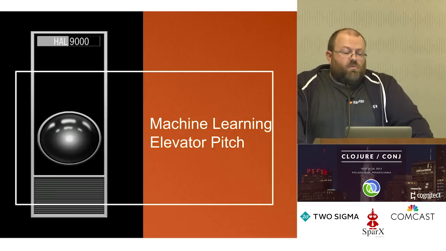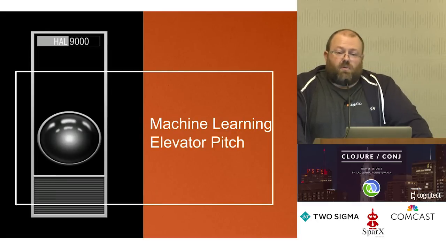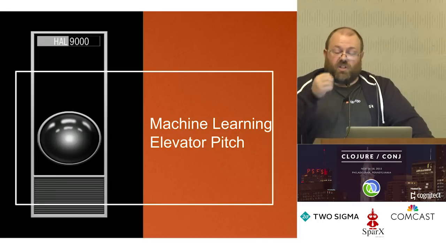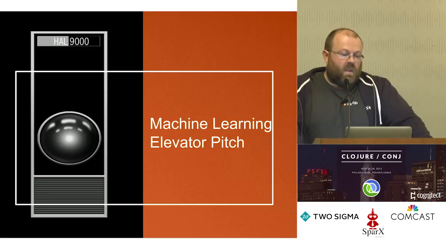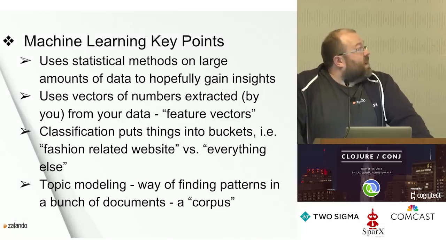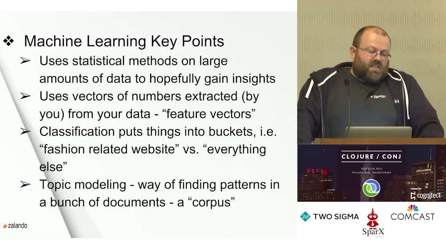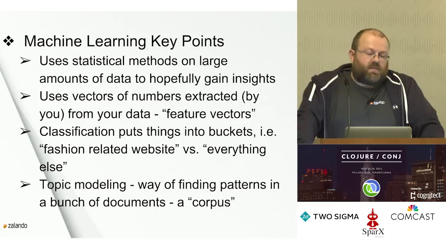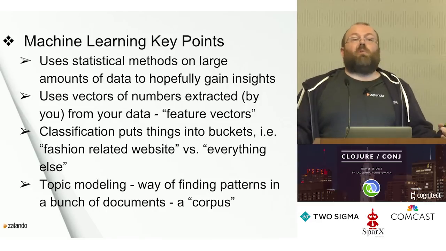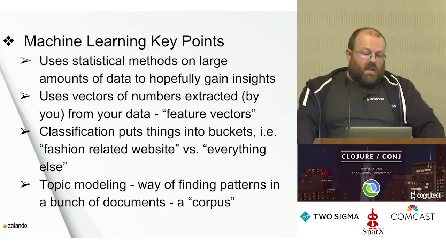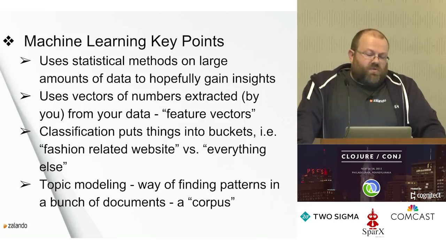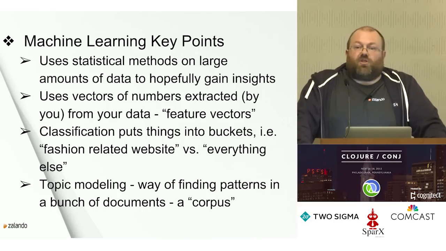So I'm going to give you the machine learning elevator pitch for those who don't know much about machine learning. The key points on machine learning. It's basically using statistical methods on large amounts of data to hopefully gain some form of insight on something. Generally, you use vectors of numbers extracted by you from your data. These are usually called feature vectors or features.